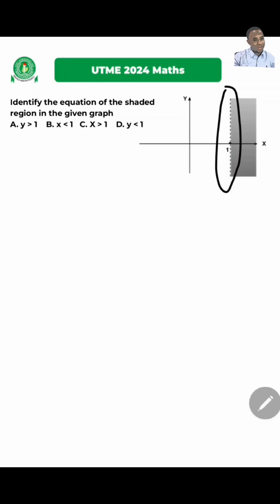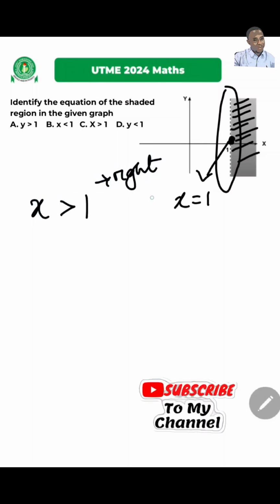Now, the next thing to note is that the shaded portion is to the right of that line. To the right of which line? Of line x equals 1. This point is x equals 1. So it means that the equation will be x greater than 1 because it is to the right of x equals 1. So the answer is C.